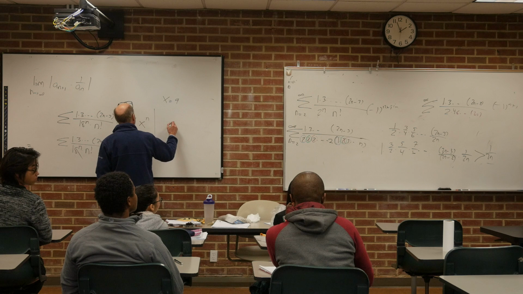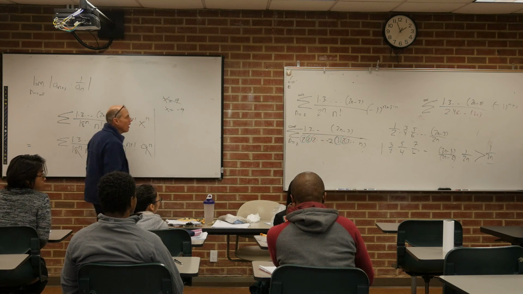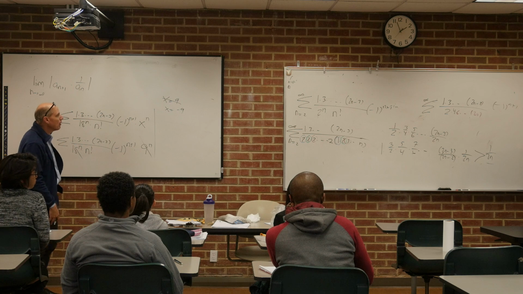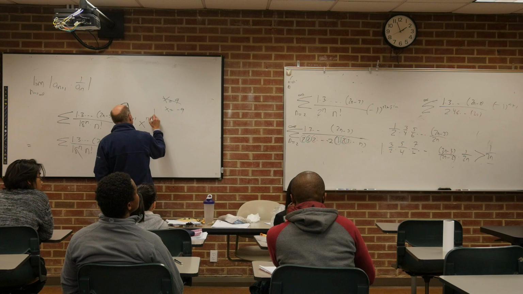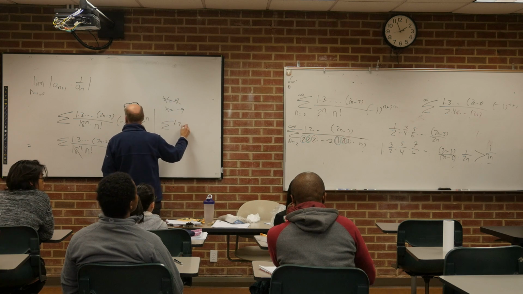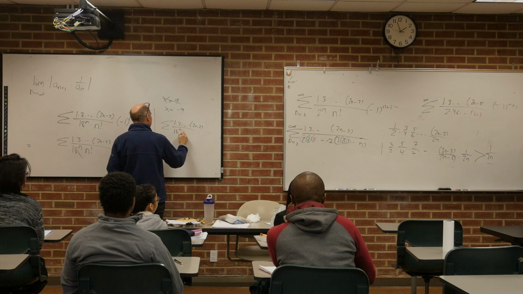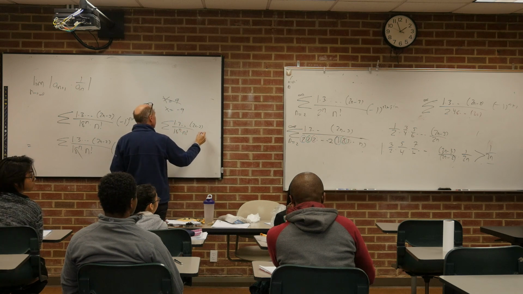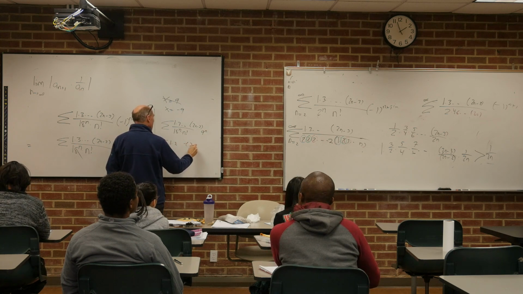So for x equals -9, then we don't have the alternator to worry about. So for x equals -9, we end up with this.